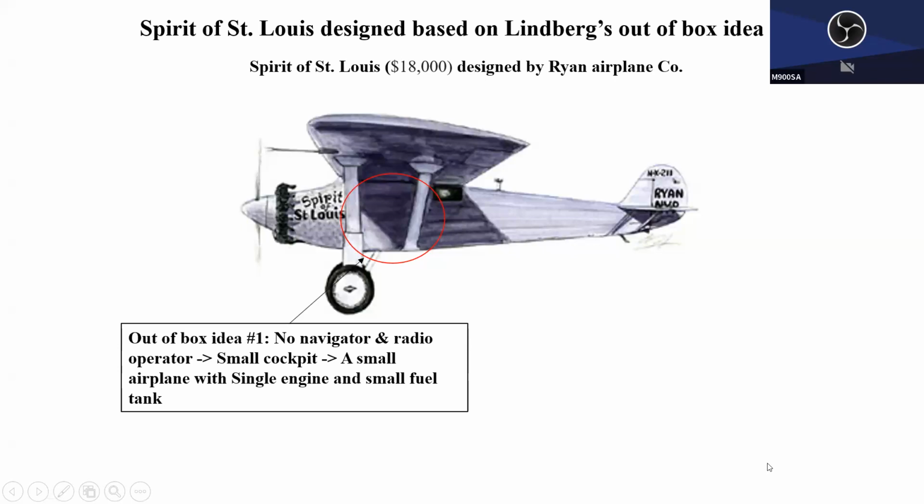Now here, as you can see, the front glass windshield is not there. That means taking off and landing, he cannot see the front. But the good news is that at the time, the airfield was not like today. Today, you can see the airstrip, a clearly defined runway. At the time, an airfield was like a huge soccer field.